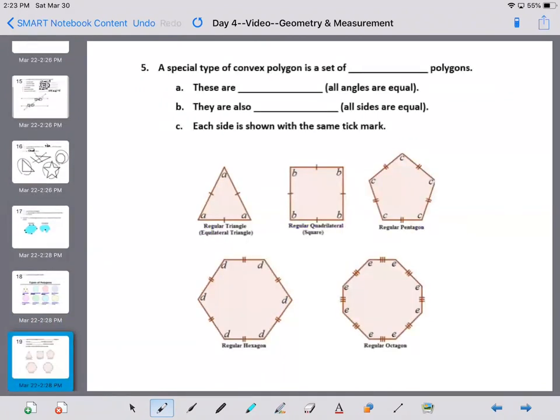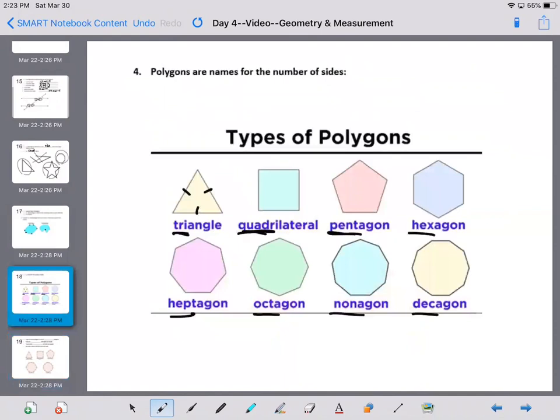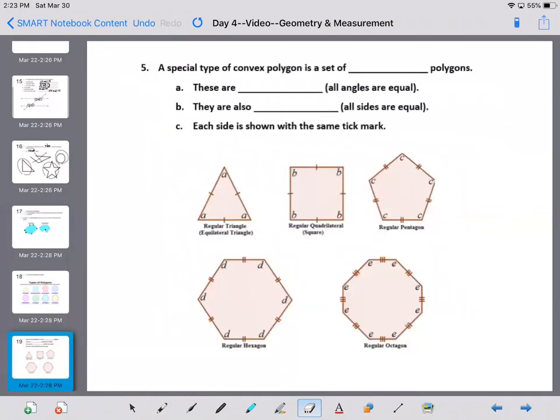Again, special types of convex polygons. Notice that all of these are a little different than the shapes that we see here. These shapes don't have any tick marks on the sides, but when you look here, they do. And so these tick marks are kind of giving you a heads up that this is what we would call regular. So this would be a set of regular polygons.